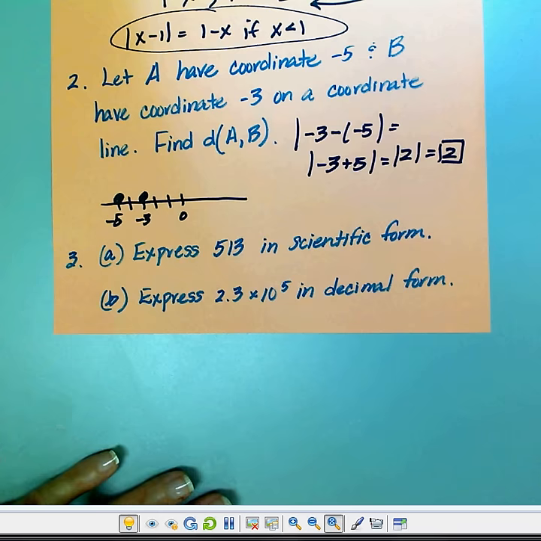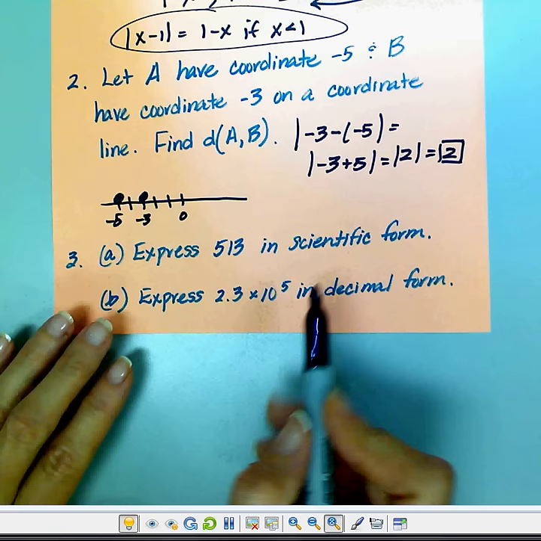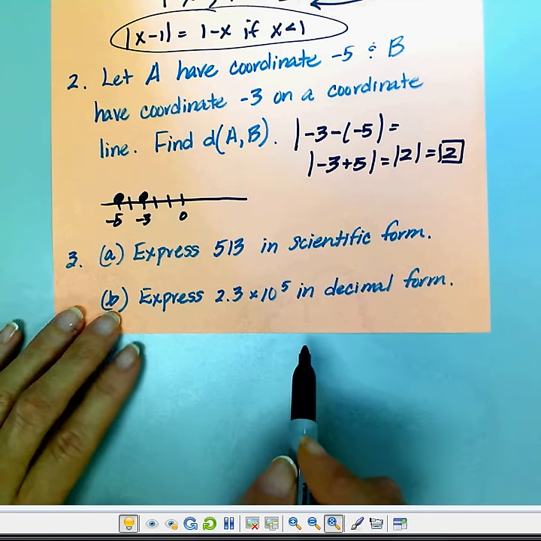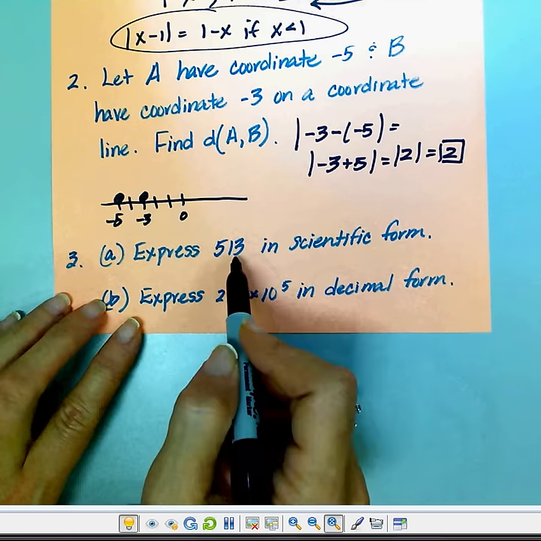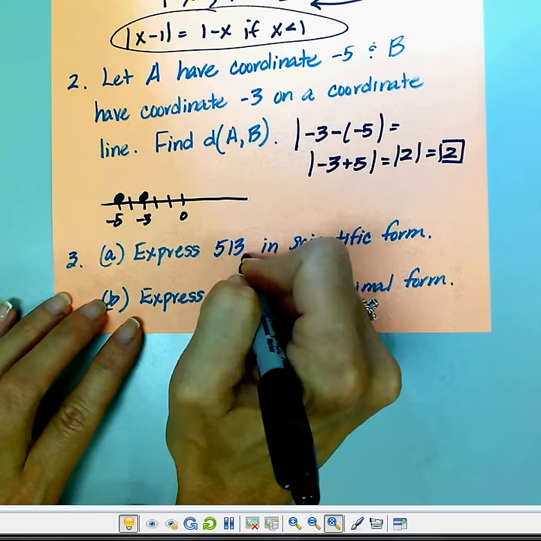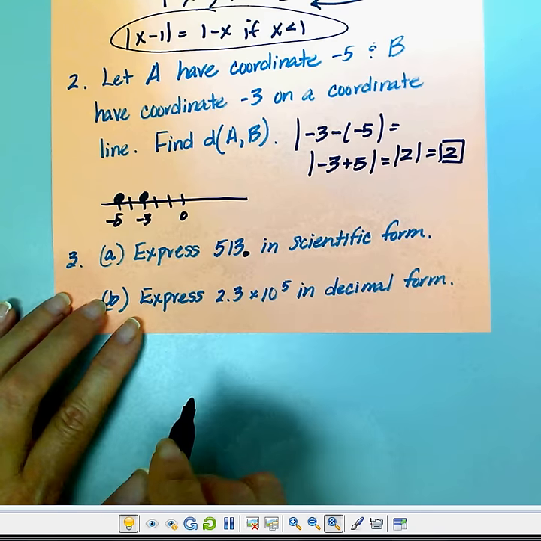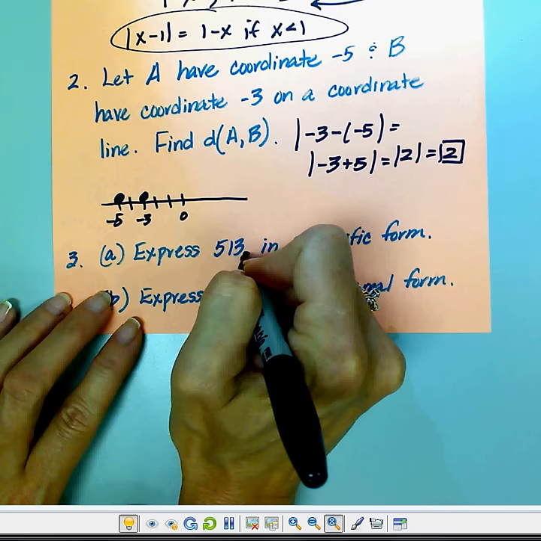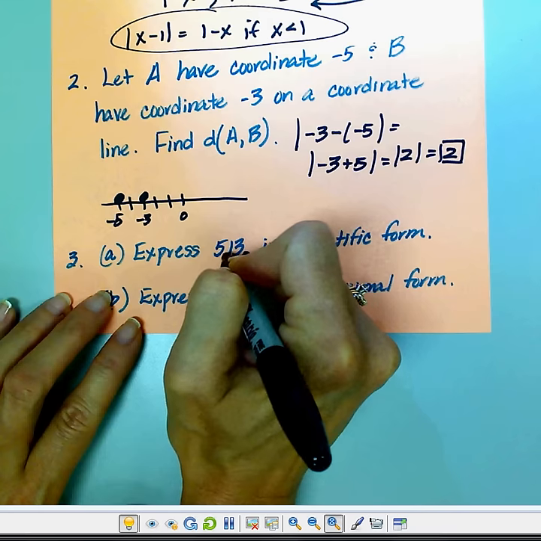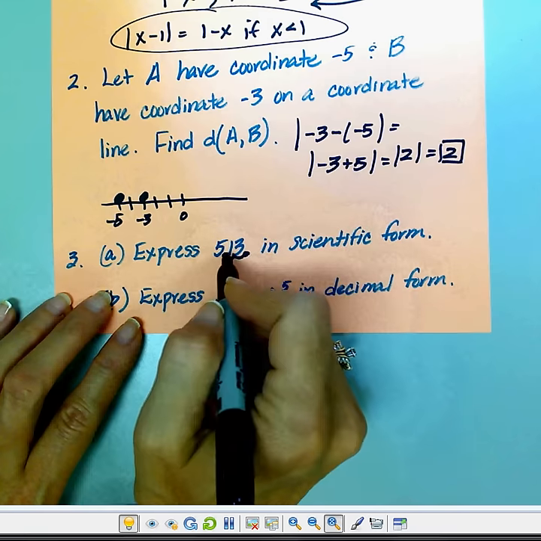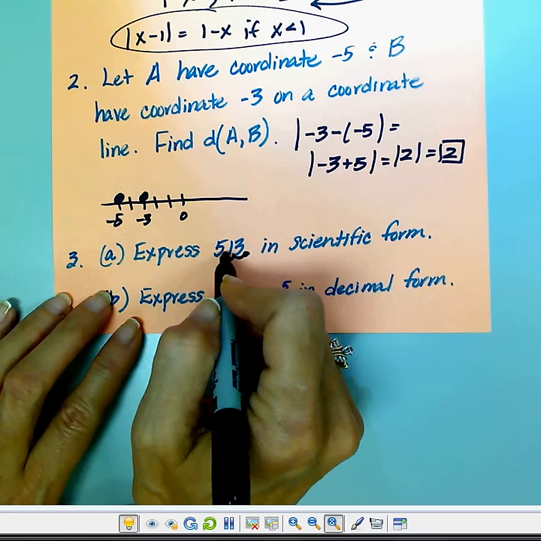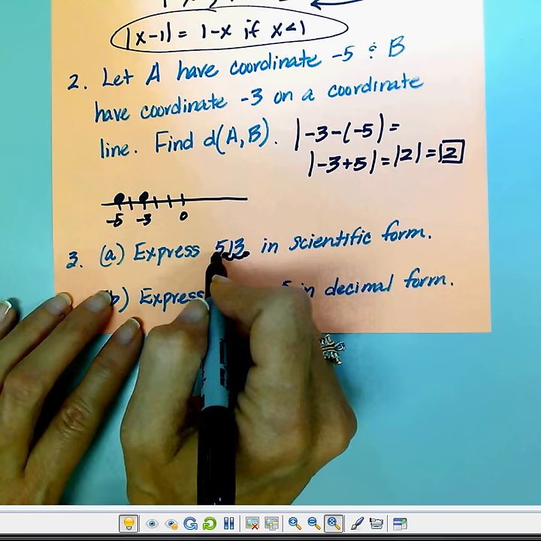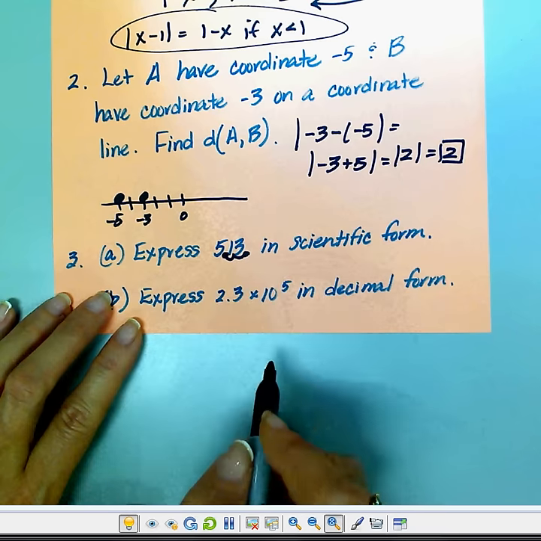And one last example, expressing a number in scientific form and also expressing that number in decimal form. So we know, again, to express in scientific form, if my decimal is right here for the number 513, I know that I have to move that decimal as many times as necessary in order to have one number to the left of the decimal that is greater than or equal to 1, less than 10, and then all significant digits afterwards.